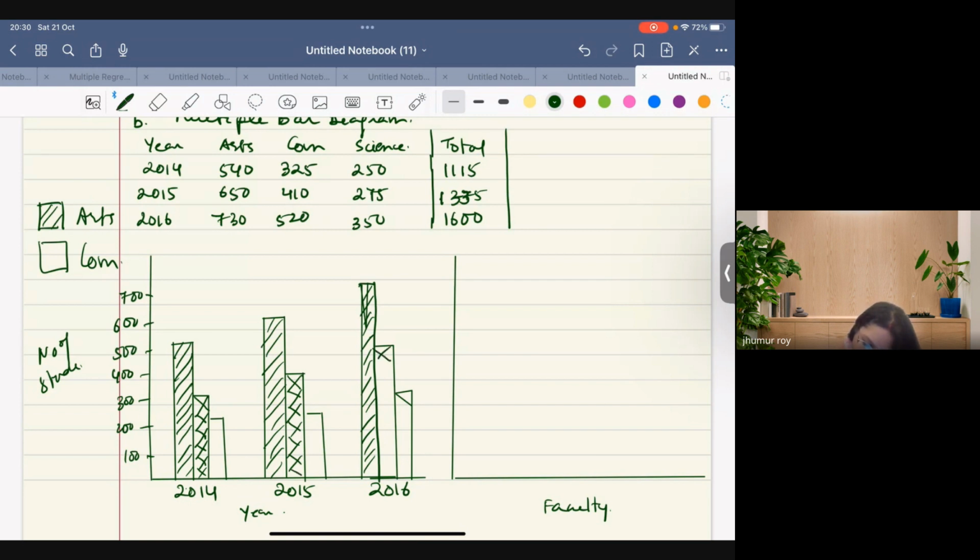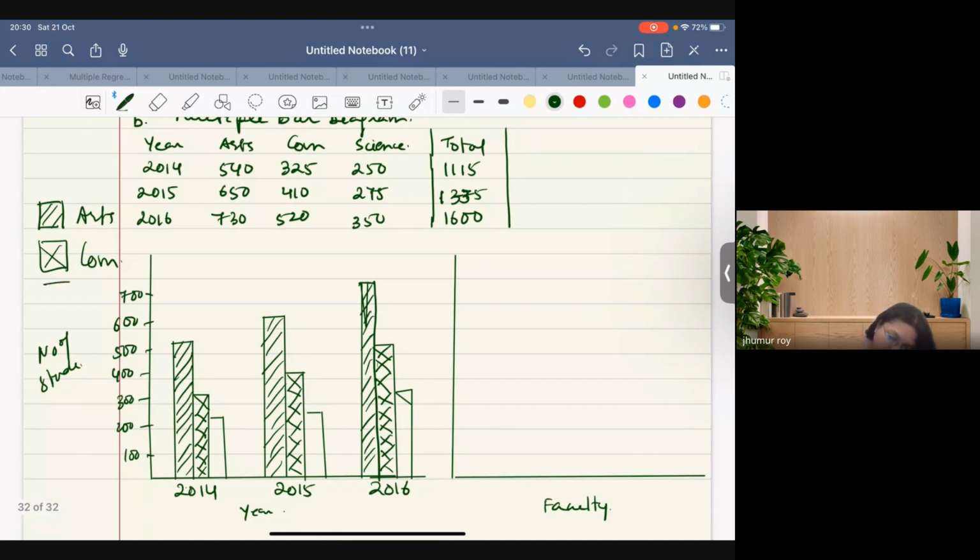But see, I'm just showing you how much difference it makes. See, when you are drawing just 3 plain bars, you're getting totally different images than what you're getting now. And for science, I'm drawing dots.